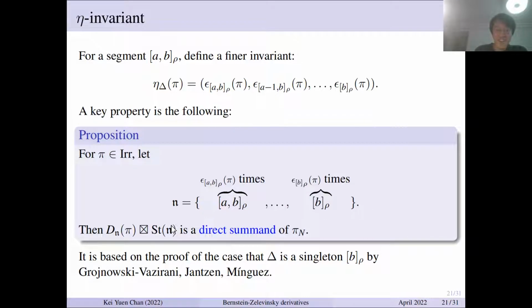Of course this is an injection, but this statement says that it is stronger than just an injection. The injection we have explained before. It is a direct summand also, so basically it is a quotient and a submodule. As I said before, the singleton case is as before, and you also need a collection of it. If this is not a collection, this is also not quite true.